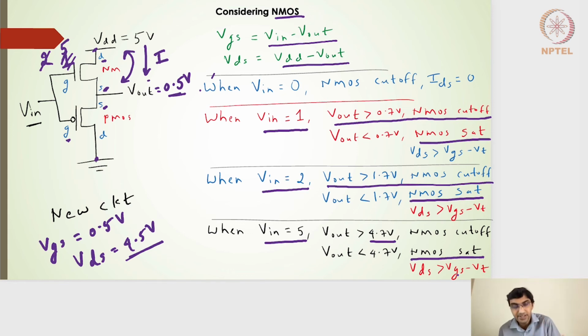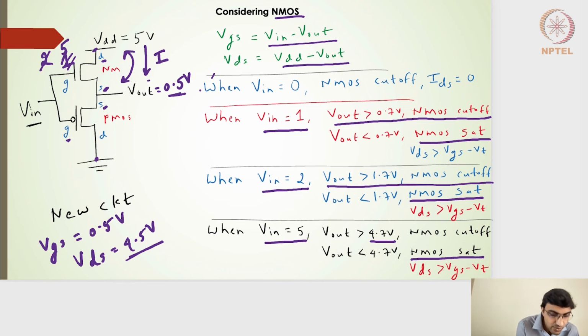For different input voltages, we have a specific range of output voltages where the NMOS transistor will be in cutoff and a specific range where it will be in saturation. This will help us draw the current profile with respect to the output voltages for specific input voltages. Right, so that will be for the NMOS.